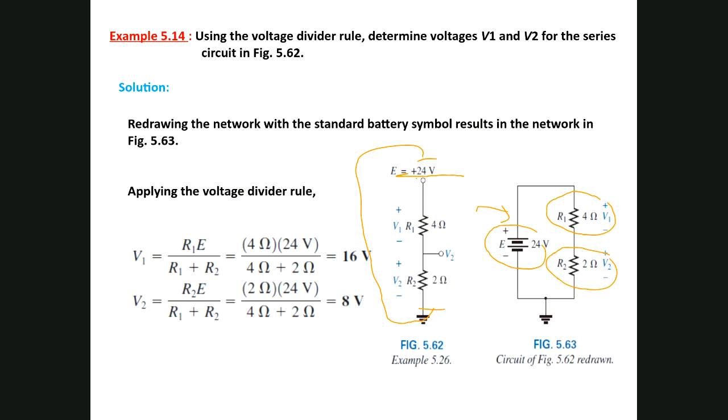We apply the voltage divider rule: R times E over R1 plus R2. So R times 24 over 16 gives 6. Similarly here, R2 times E over R total gives 18. So 6 plus 18 equals the source. As simple as this.